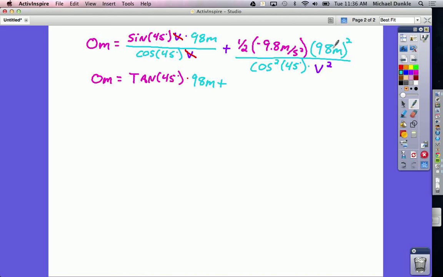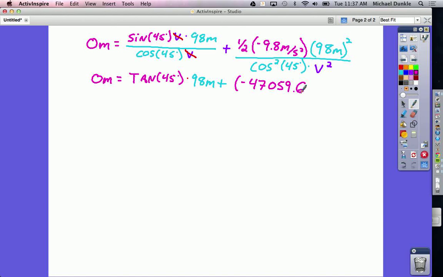Over here in this right term, what might be a little bit easier is to multiply out the numbers that we have. So I can multiply the 1/2 and the negative 9.8 meters per second squared and the 98 squared. And when I do that, what I will end up with is a negative 47,059.6.